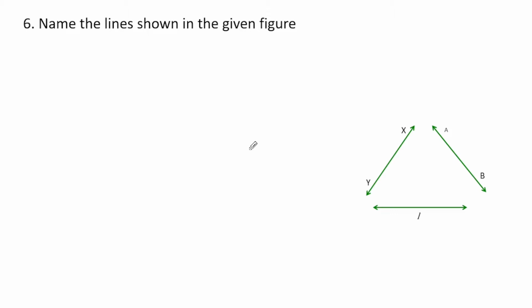First way is, let's draw a line first very quickly. And we have 2 points. Now first way is with both of the points, so A and B. So we'll name this line as line AB.